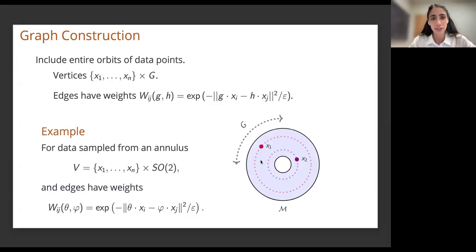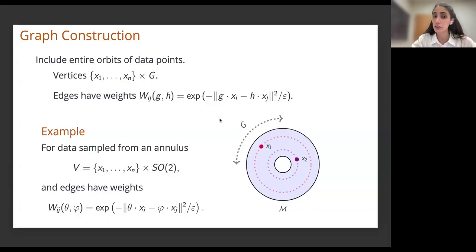So now the vertices are going to be this product space of our data points times the symmetry group. And that means that we have to consider weights accordingly, where we are again going to use just the Gaussian kernel, and we're going to input the distances between all different rotated data points.